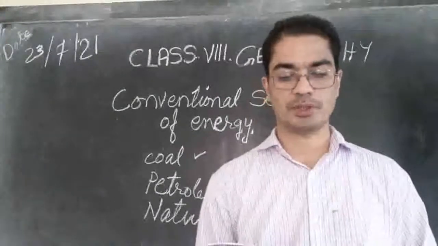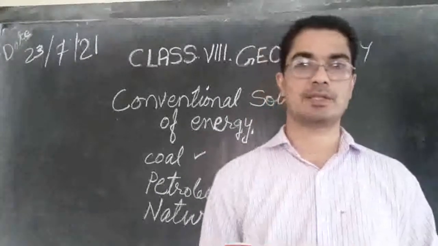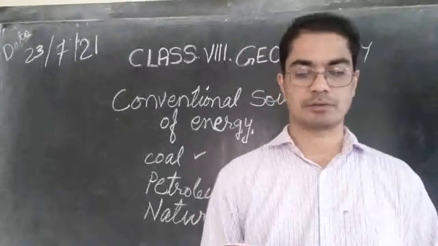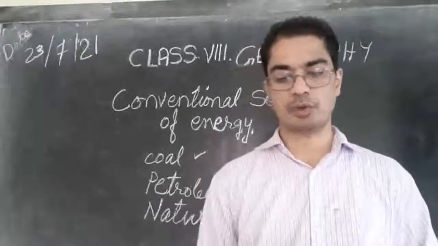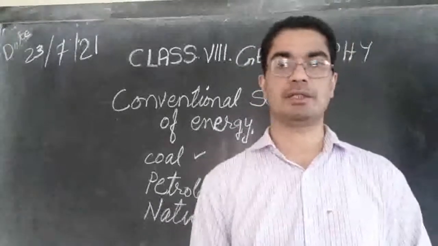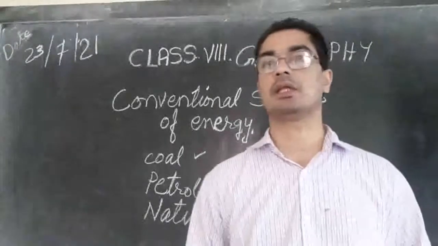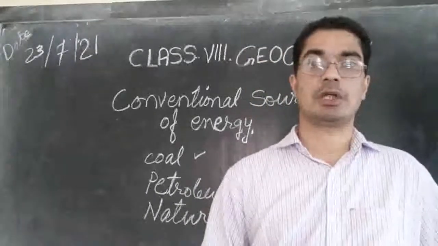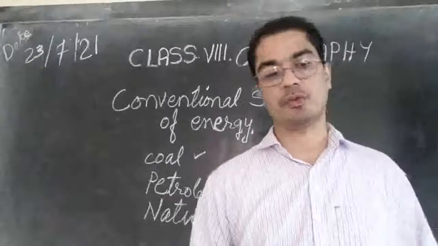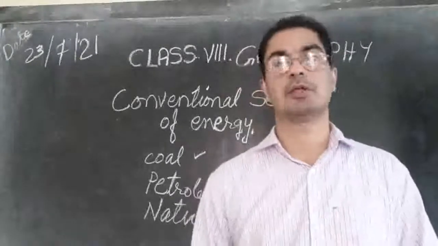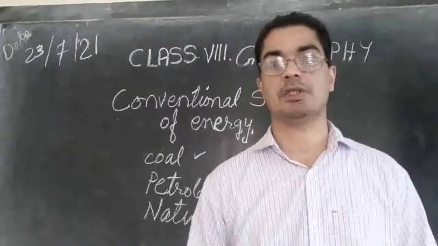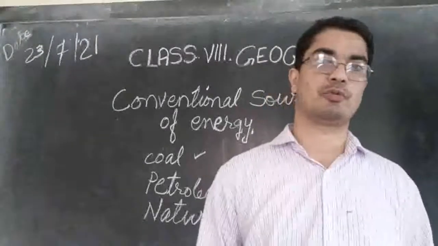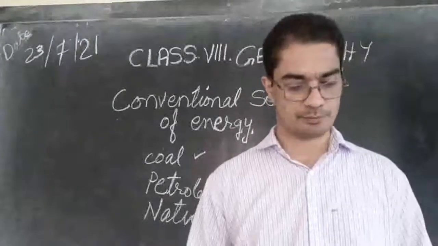It causes less pollution than petrol and diesel. So comparing to diesel and petrol, you can say this CNG has fewer pollutants. If you run your vehicle with CNG, then it will be less polluting.